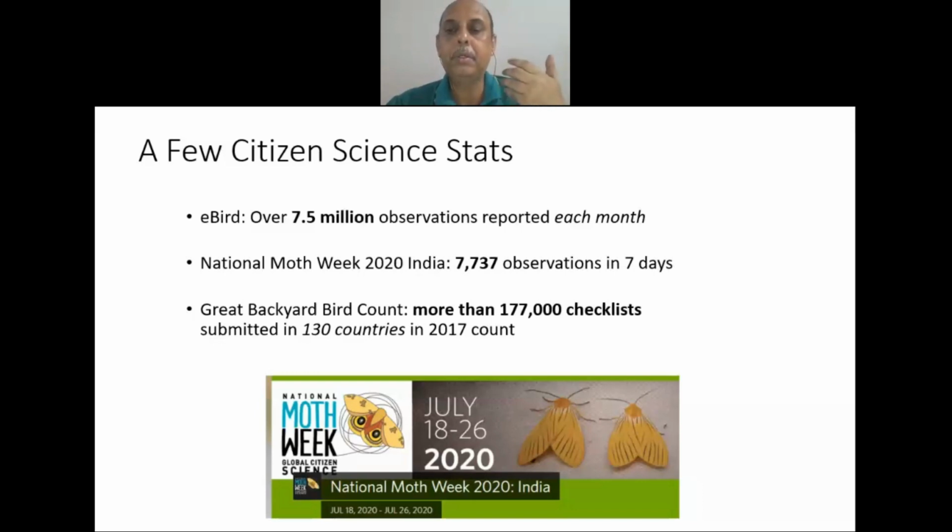In birding, it is called the Backyard Bird Count also, because 1,077 checklists have been prepared across the globe by 130 countries. It was counted in 2017. So this is how the data is helping citizen science. We know how many species are left, how many species are more, how many species are very rare, and which ones we need to protect.